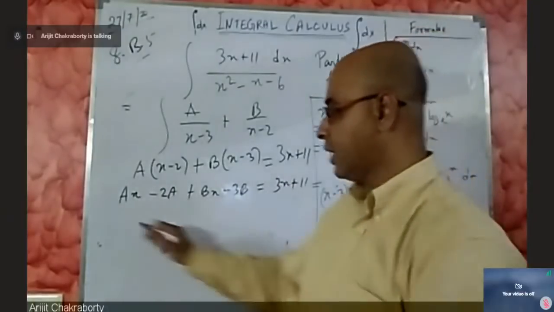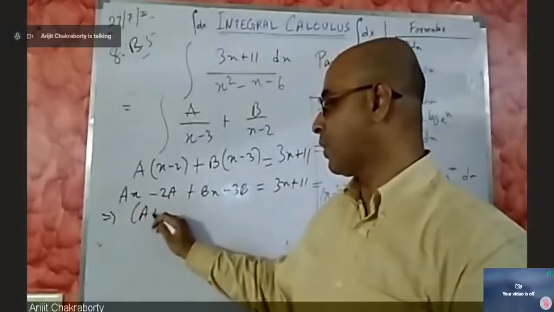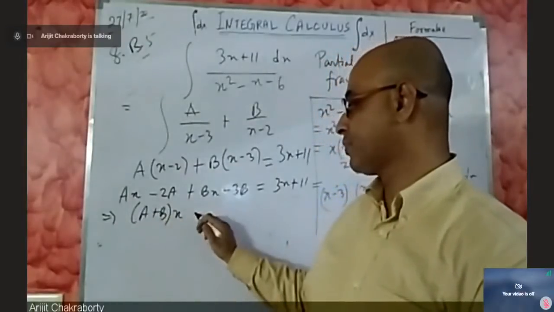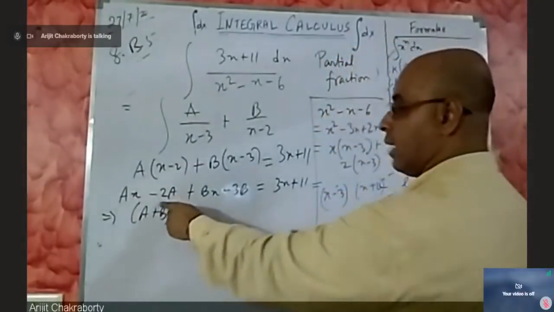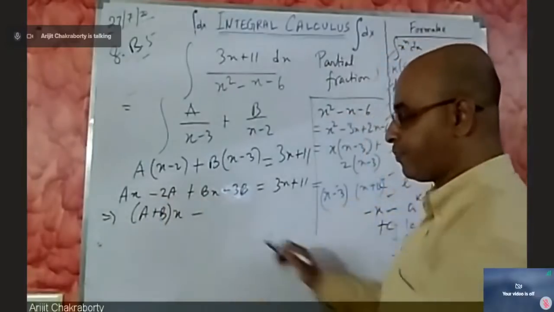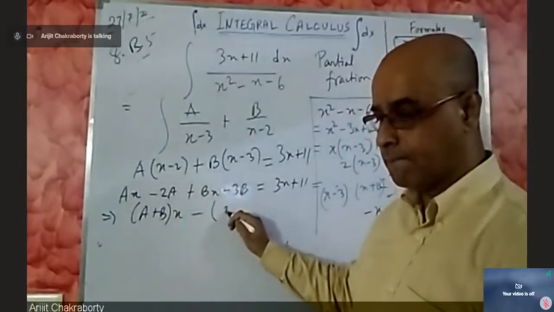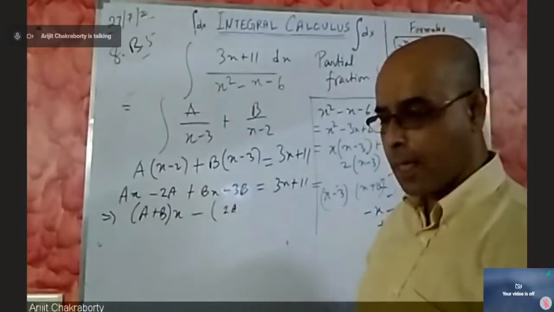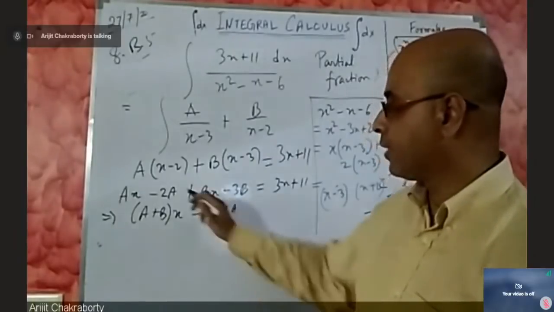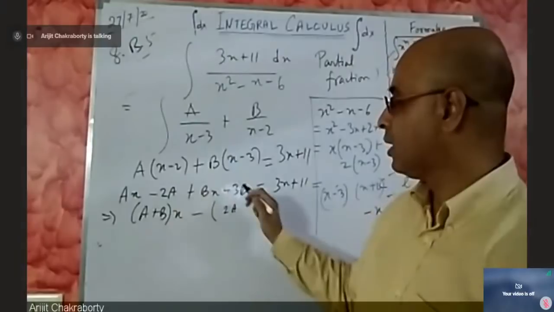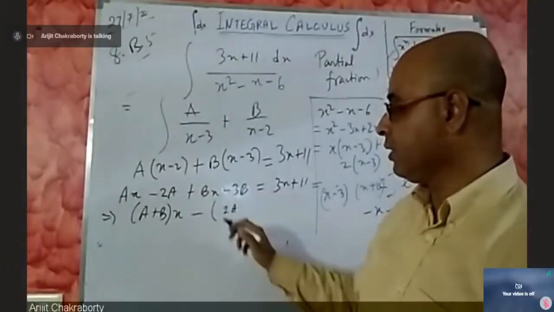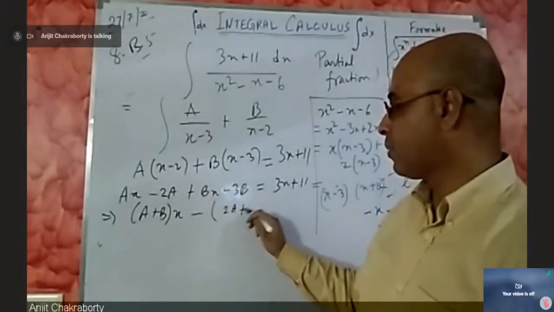ax plus bx, I can write this as a plus b into x, minus 2a minus 3b.